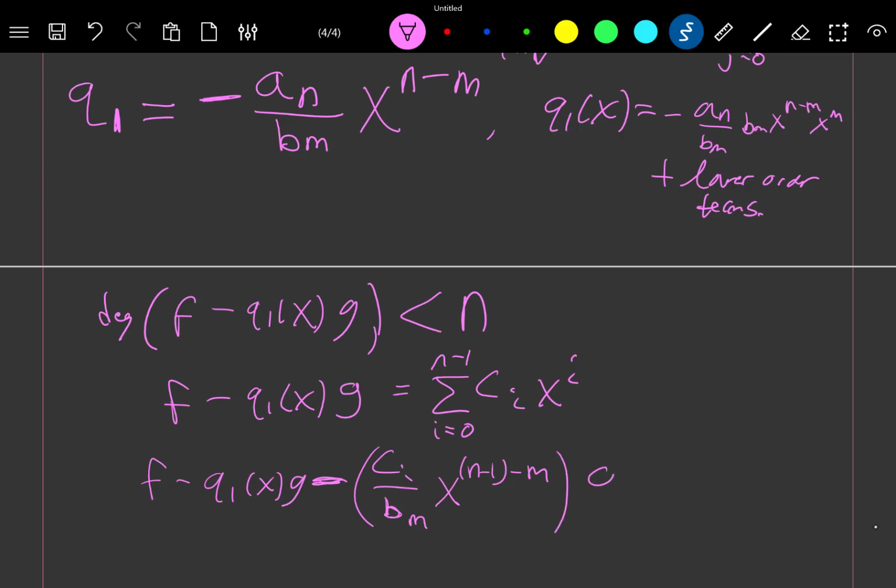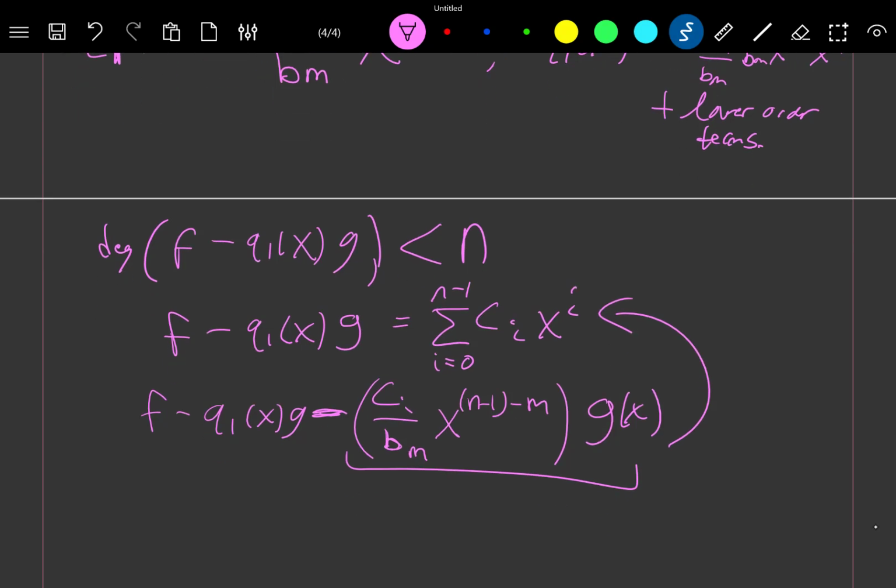If we do this times g of x, this is going to kill off the highest order term here, and then the degree of this thing is less than n minus 1.